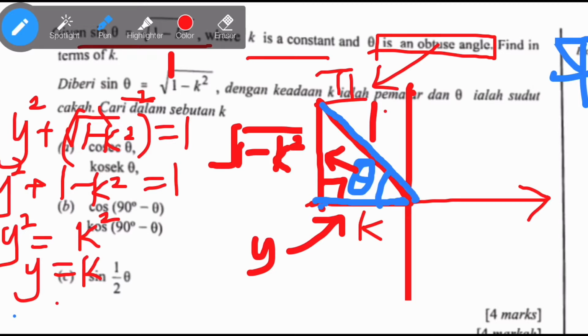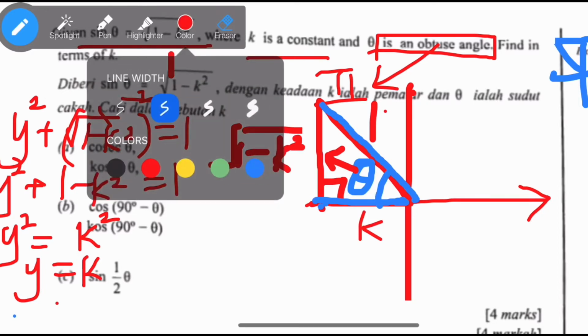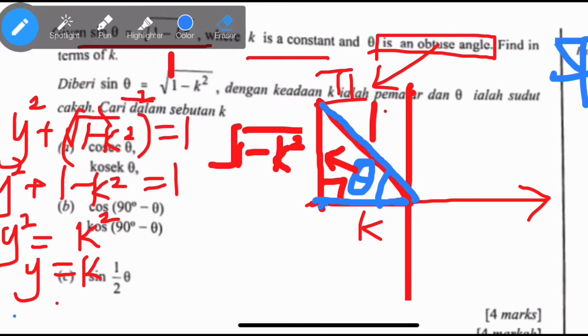That means y, the length of the blue horizontal line, is k. It was not given, so you have to find it on your own. That's why this question becomes tough, because you have to find the side on your own.